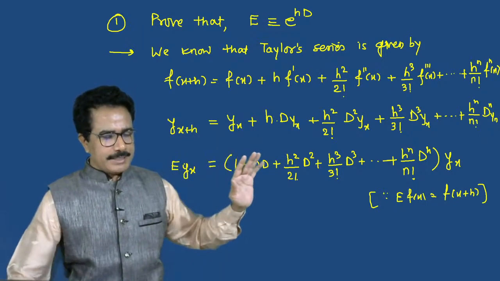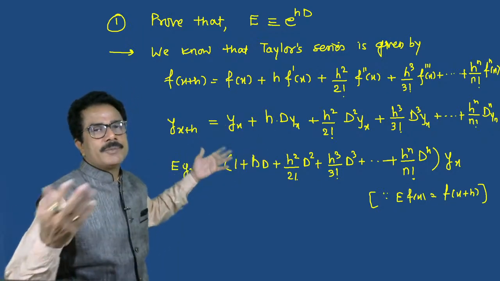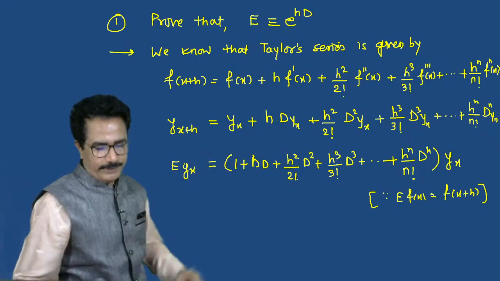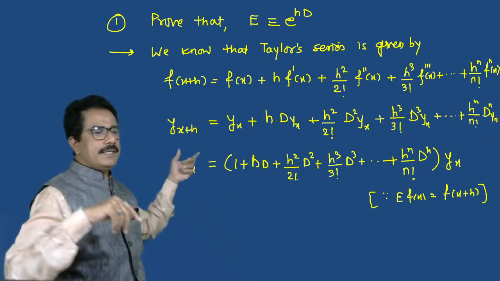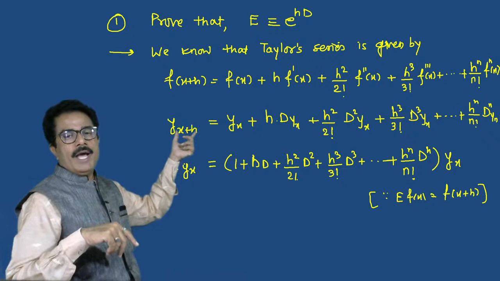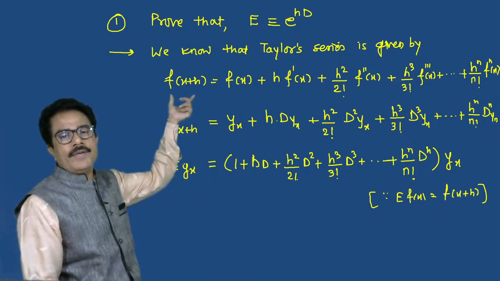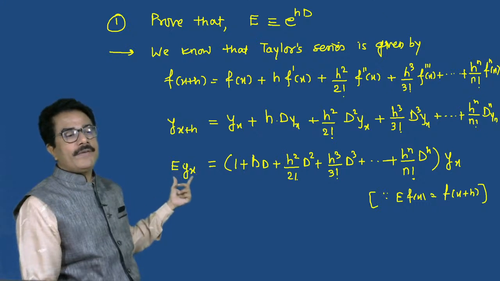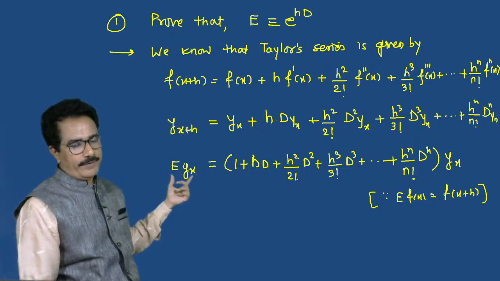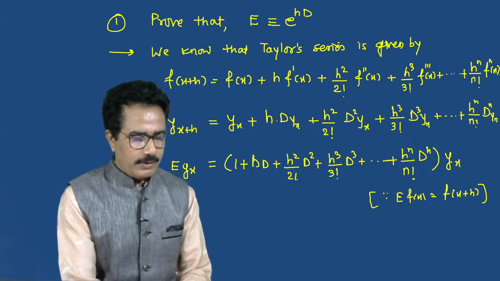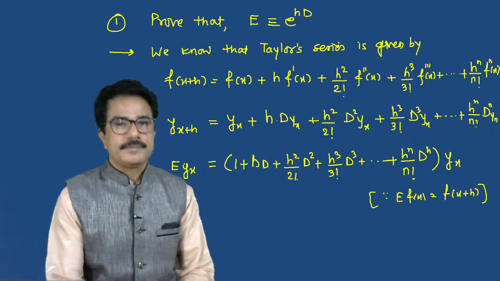This is actually the same process; you can express it in terms of y, in terms of x. This is given: E of y of x plus h means E of y of x, or f of x plus h means we can write E of f of x. This is the process for showing the function.